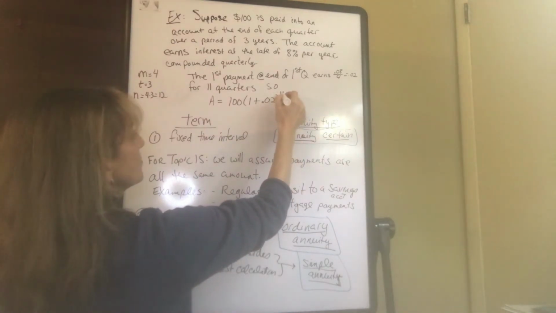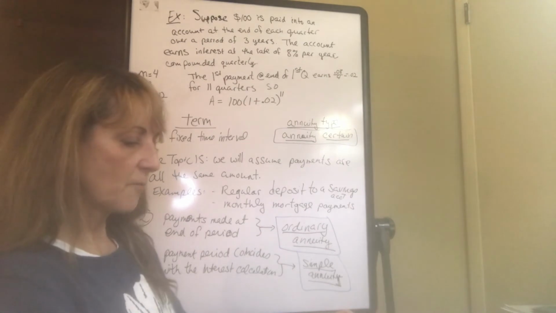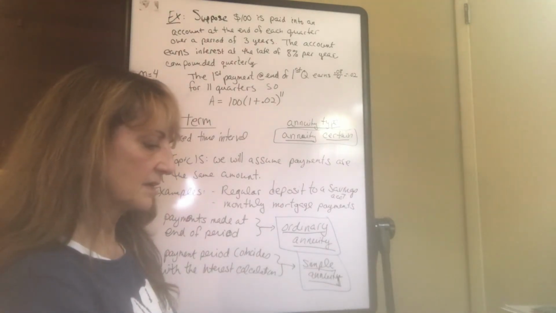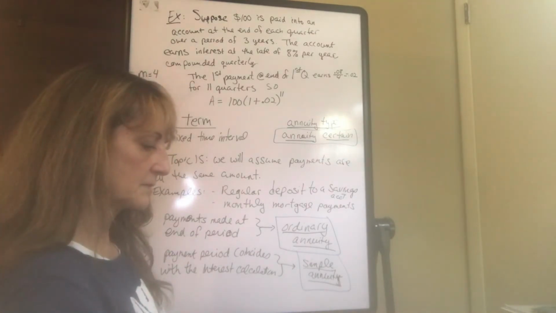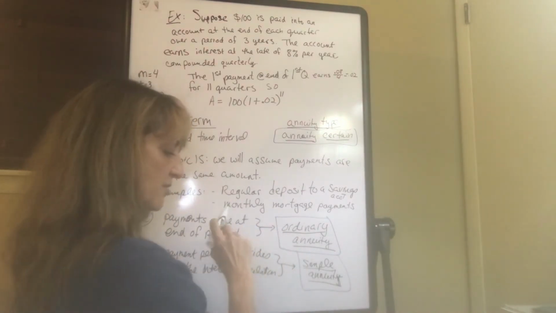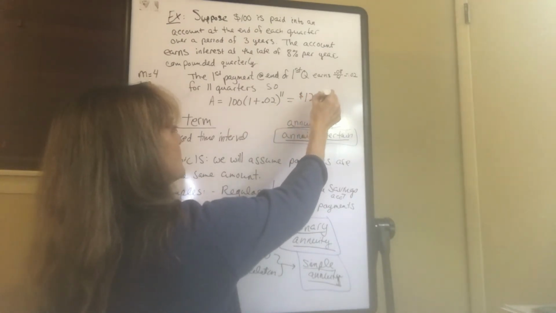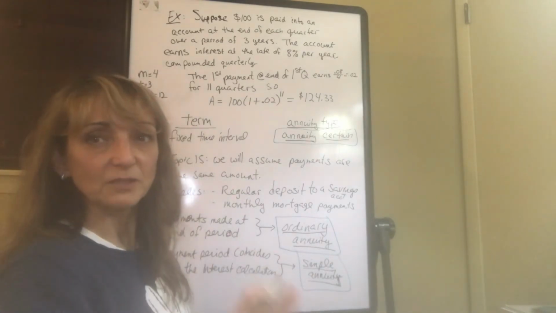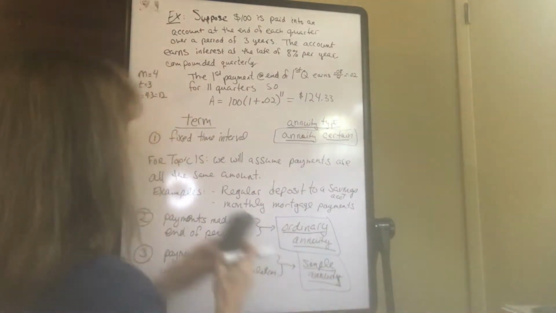So we take 1.02, raise it to the 11th, and multiply that by 100. I get that this comes out to $124.33. So after 11 quarters, that's how much that money made for us.